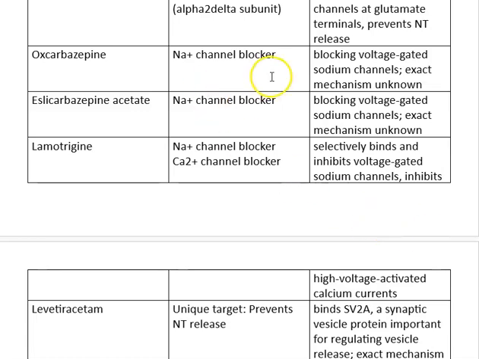So coming back to these after my tangent, these were the sodium channel blockers. Lamotrigine is one that does both, so it blocks voltage-gated sodium channels and voltage-gated calcium channels. For voltage-gated sodium channels, it can selectively bind and inhibit those channels, and it also can inhibit specific types of calcium currents in specific regions of the brain.